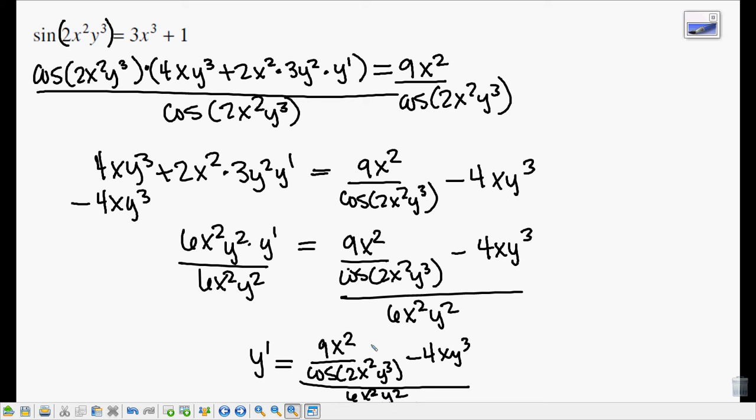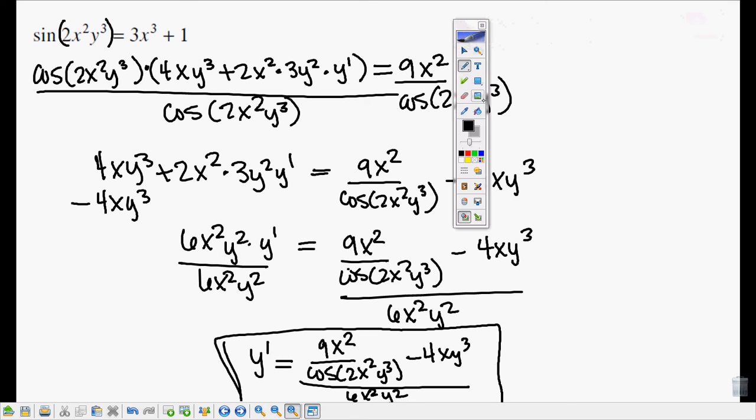Now if you want to get rid of that fraction within a fraction, this is not an unacceptable answer, but if you don't like the fraction within a fraction, you can multiply top and bottom of this equation by that cosine, which is what you would have done here by distributing. It's the same answer. It just depends on what you and or your professor or instructor prefers.